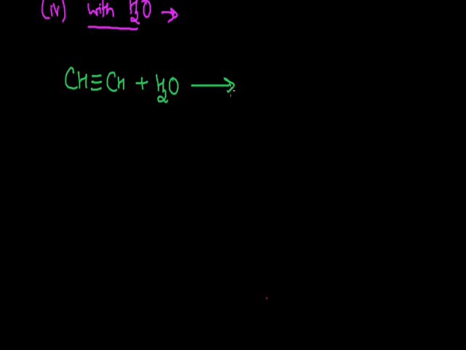The resultant molecule formed will be CH connected with one sigma and one pi bond to another CH group, and this carbon will have hydrogen, and this carbon will have the OH group of water.